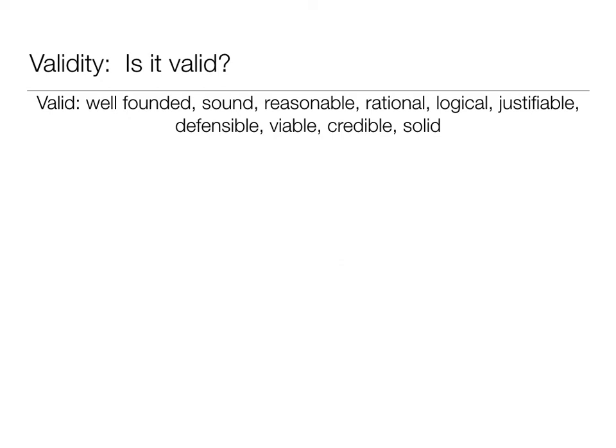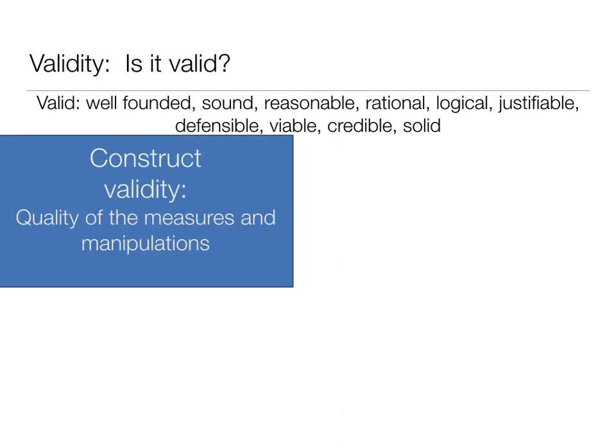One of the ways we can look at that is construct validity. Is the quality of the measure, are the measurements and the manipulations what they say they are? Are we actually manipulating what we think we're manipulating? Are we actually measuring what we're seeking to measure? So if we're measuring IQ, but we're measuring IQ by looking at foot size, we have really terrible construct validity.